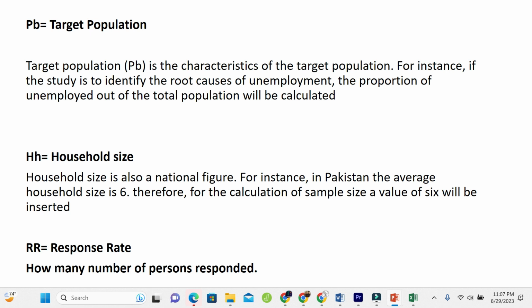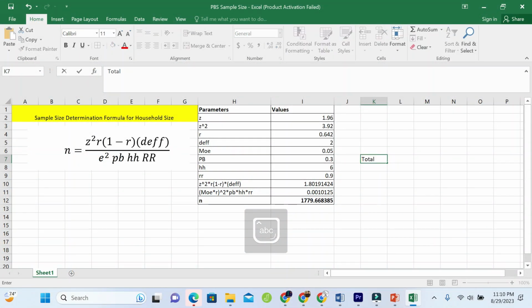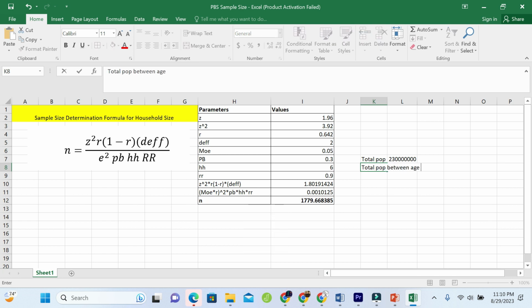For example, if we are interested in the unemployment rate, or the survey is based on unemployment, then based upon the total population, let's say the total population is 23 crore, and the total population between age 18 to 45, let's say we assume it is about 10 crore.